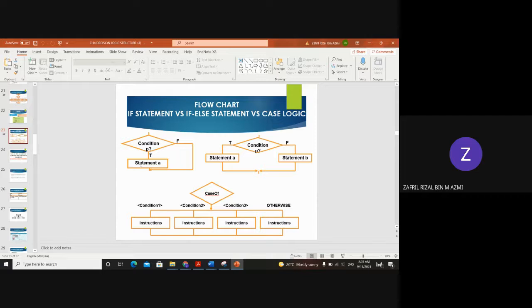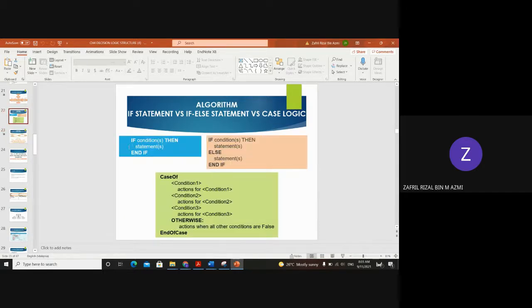It can be more than one statement, but the statement will only be executed if the condition is true. If the condition is false, nothing will happen. So this is a single selection. And if you look at the algorithm, you will see that if the condition is true, this is the statement for true. So if, no else.